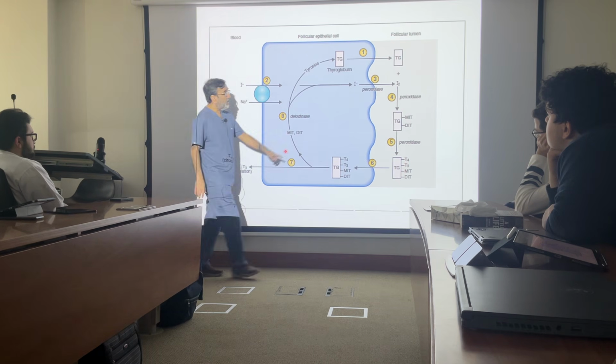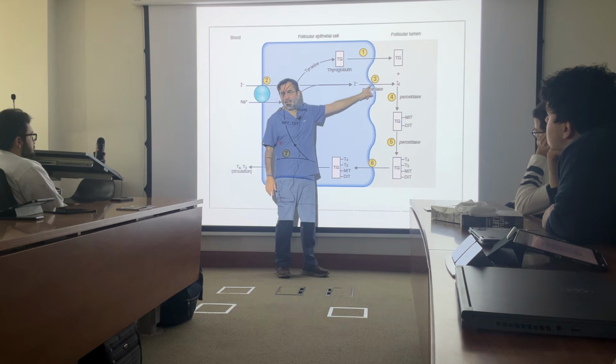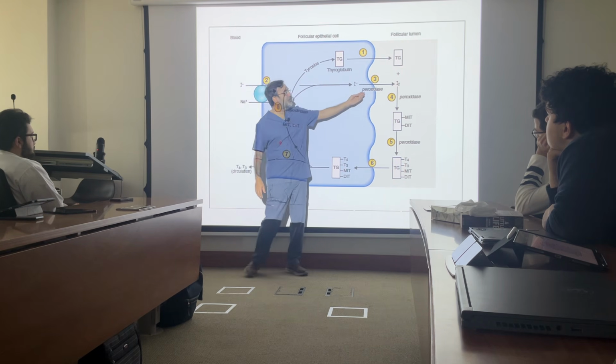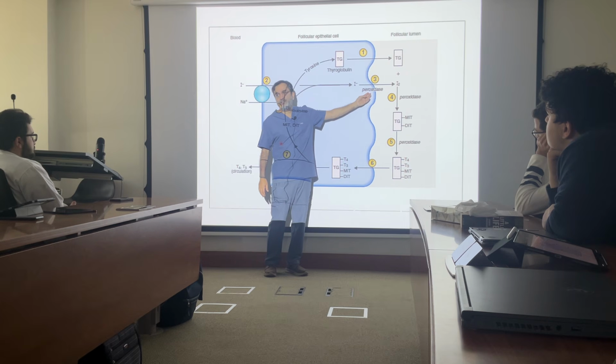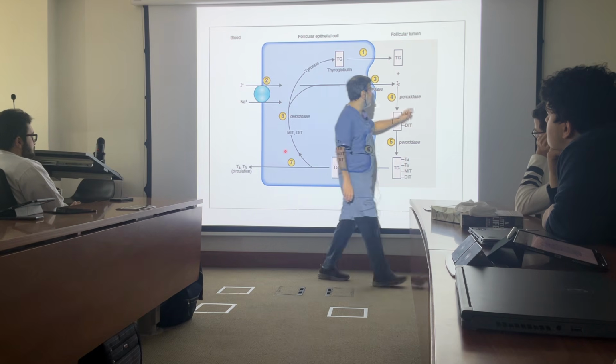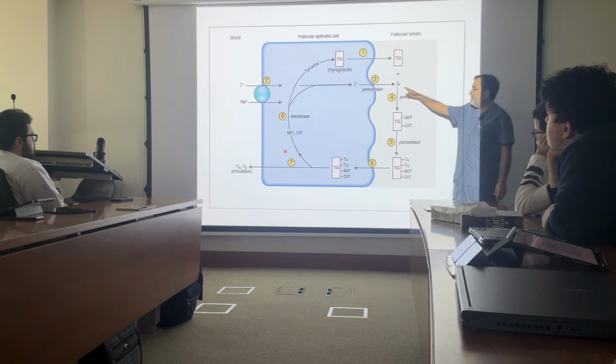On the apical area of your thyroid follicle, you have the enzyme thyroid peroxidase, which will convert the iodide to iodine. Next, this peroxidase is going to add iodine into the thyroglobulin molecule.